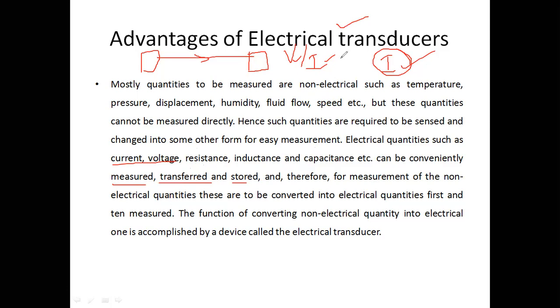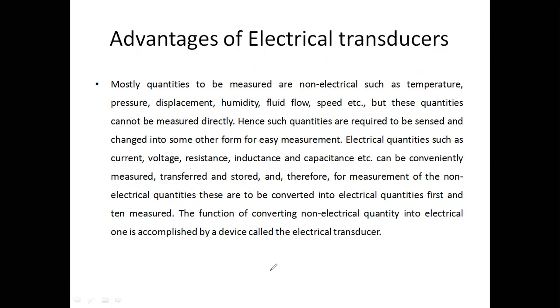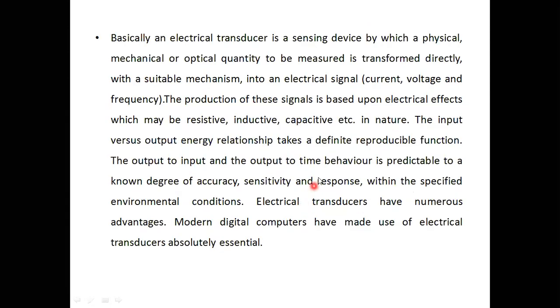Basically, an electrical transducer is a sensing device by which a physical, mechanical, or optical quantity to be measured is transformed directly with a suitable mechanism into an electrical signal.